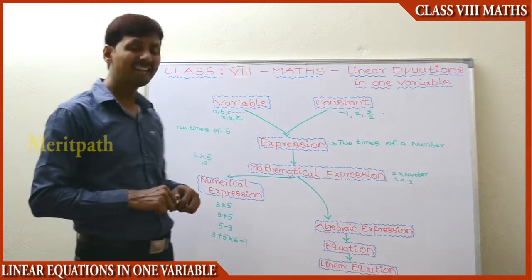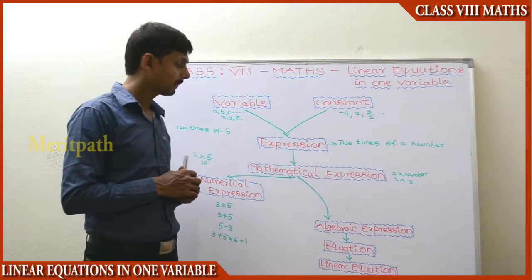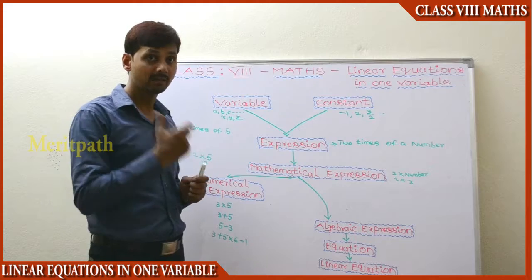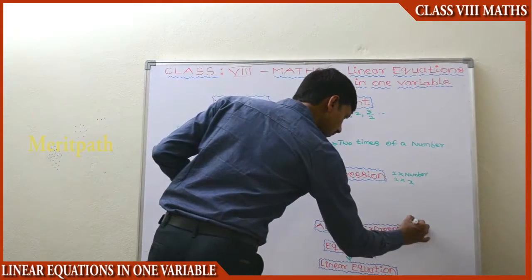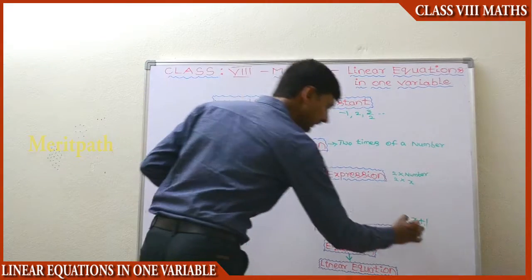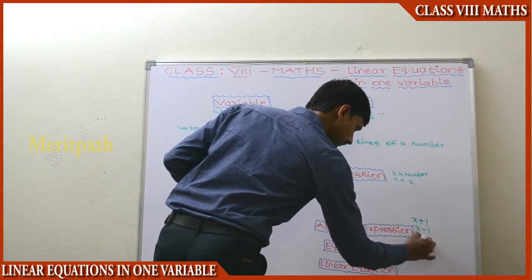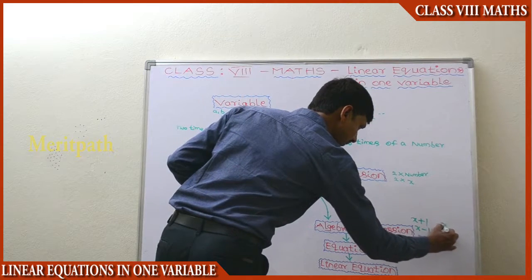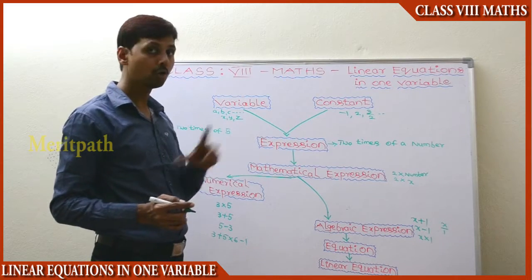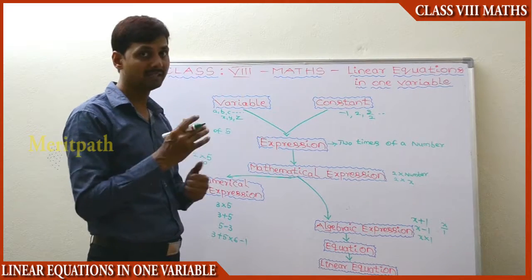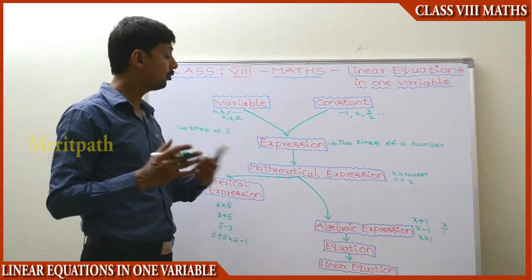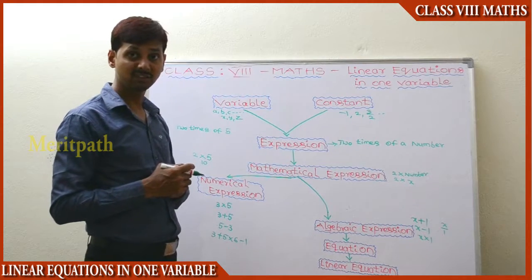So in a mathematical expression, if it contains a variable under the operations of addition, subtraction, multiplication or division, like x minus 1, x into 1, x divided by 1, we take any variable or constant and combine them with these operations, we call it an algebraic expression.